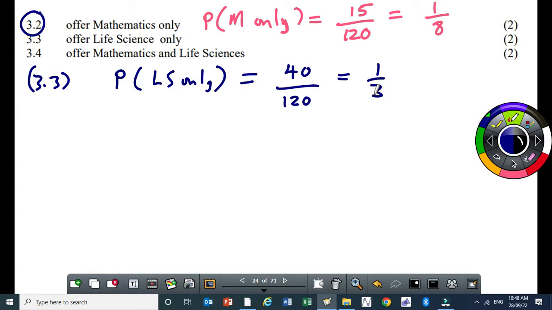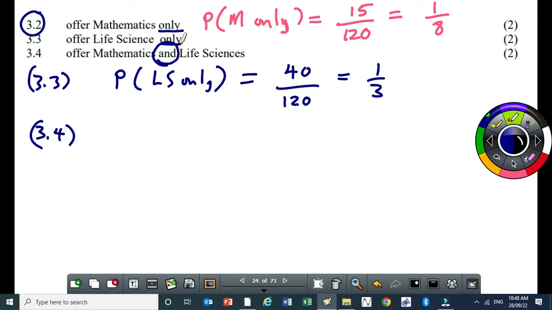Okay? Are you following there? Then 3.4, they offer mathematics and life sciences. Okay? Now, this word "and" in probability, it's very, very important. Also, these words, okay, "only," they are very, very important in probability.